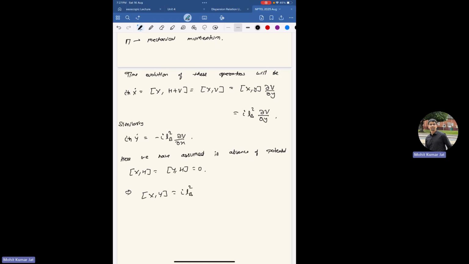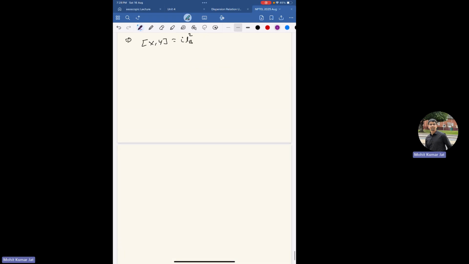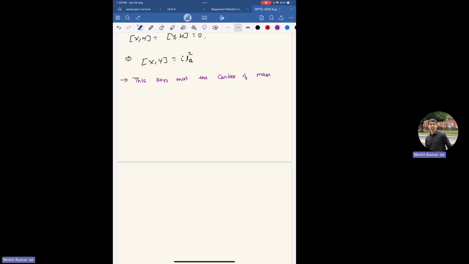Lb is the magnetic length. This says that the center of mass drifts in a direction x dot y dot, which is perpendicular to delta v.